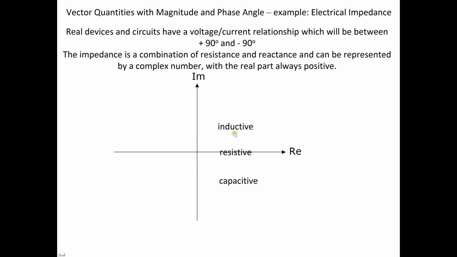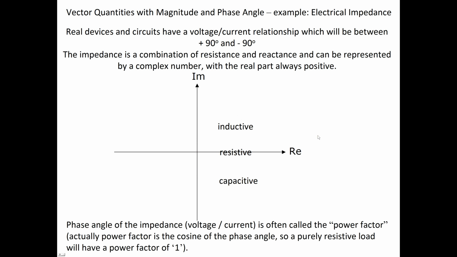And likewise anything which has an impedance which has a positive imaginary component will be inductive. The phase angle of the impedance is related to the power factor, actually the power factor is the cosine of the phase angle, so a purely resistive load will have a power factor of 1.